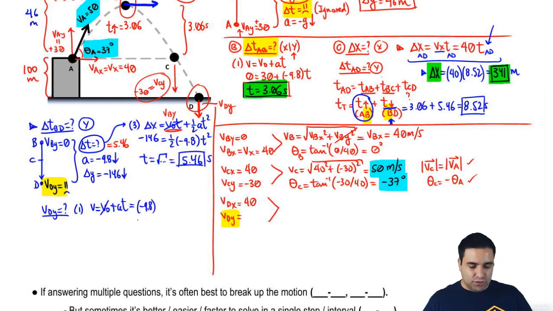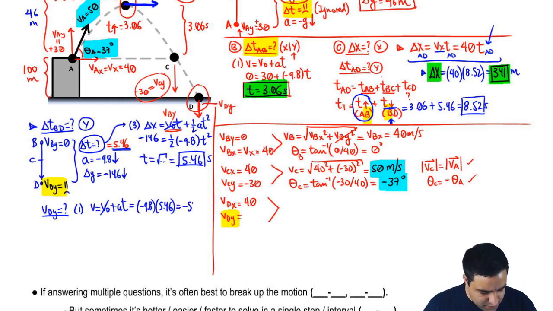The time I have to use is the time for this interval, so it's 5.46, not any of the other times. And if you do this, you get negative 53.5 meters per second. It should make sense that it's negative because this thing is going down, so we expect that it would be negative.